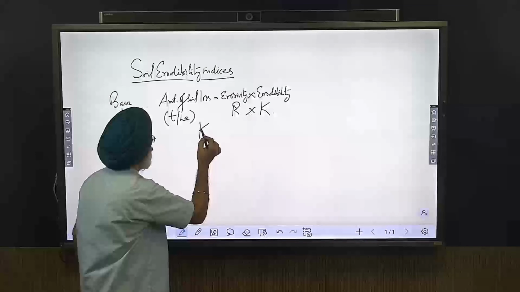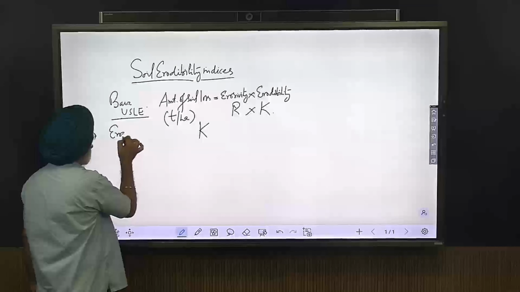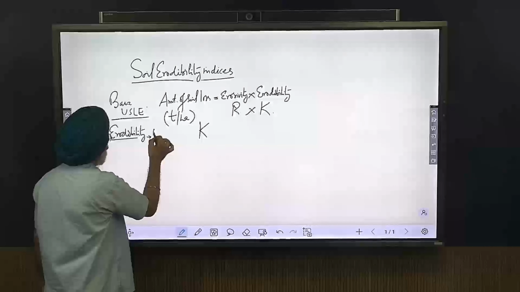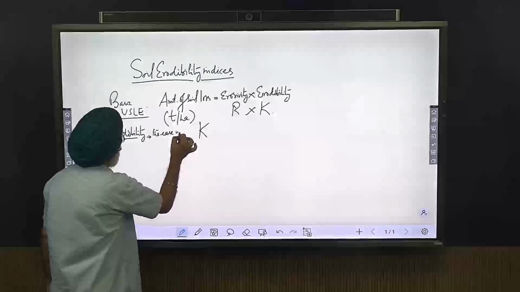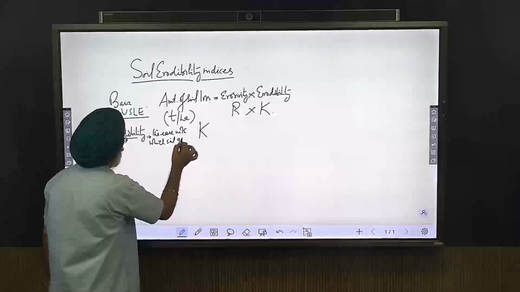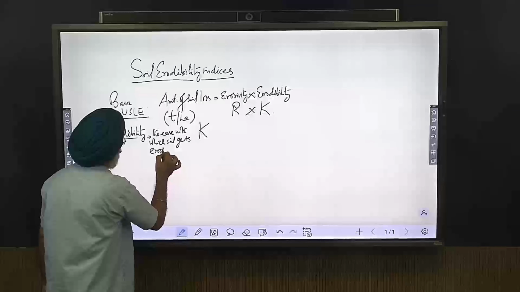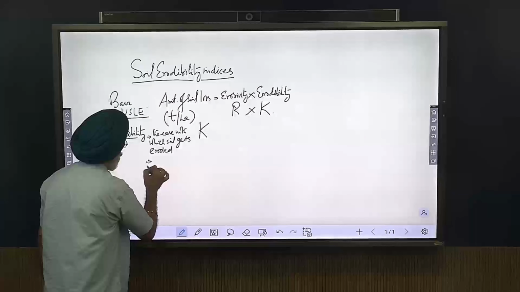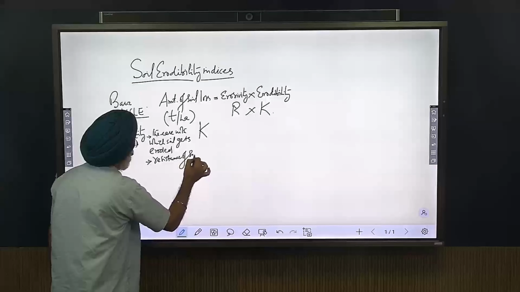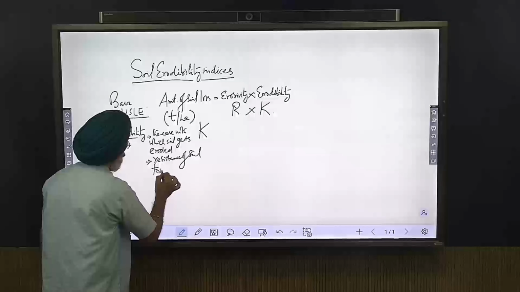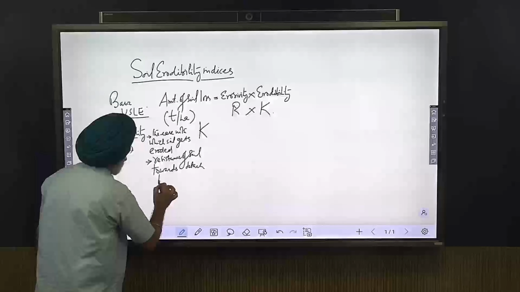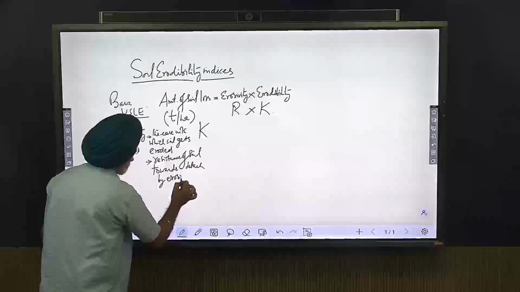So, if I have to define this, erodibility is the ease with which soil gets eroded, or you can also say the resistance of the soil towards detachment by erosive forces.